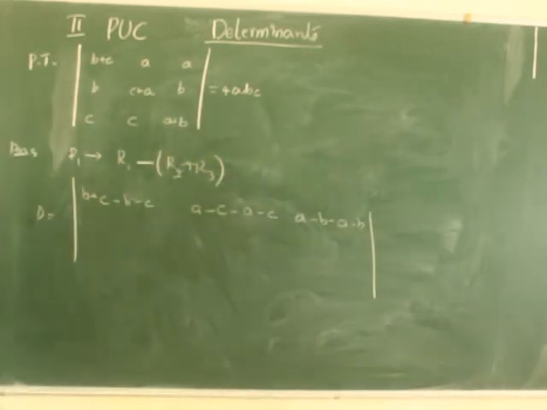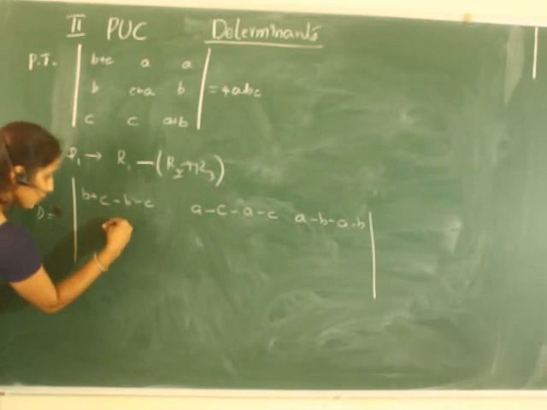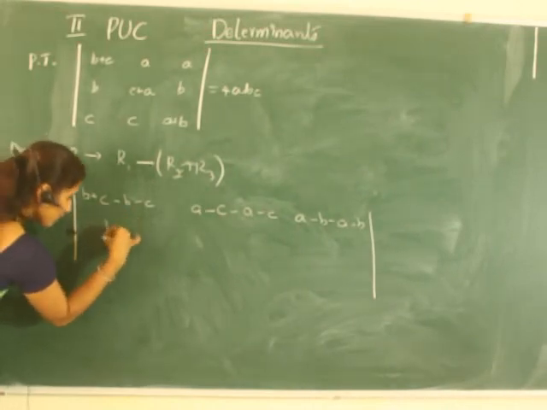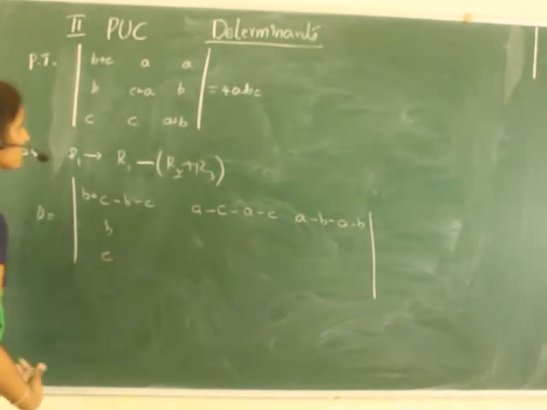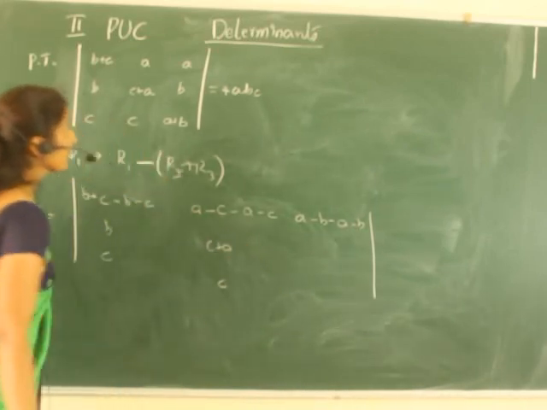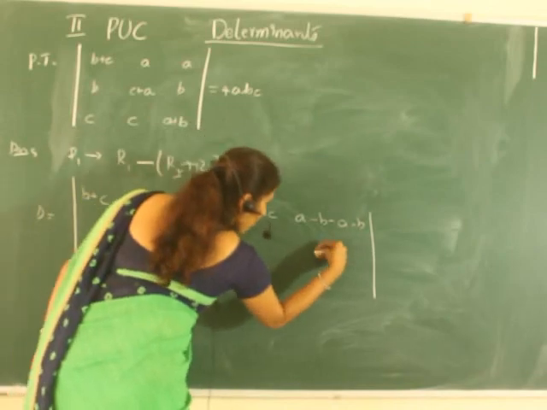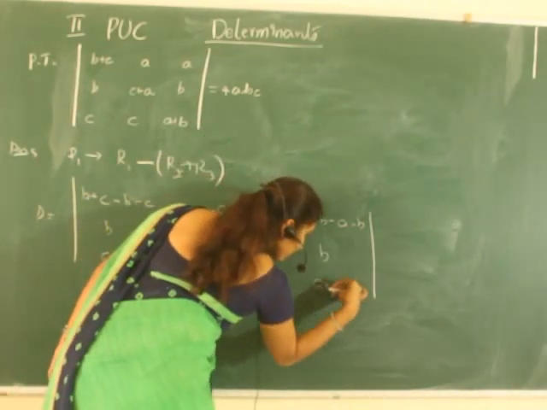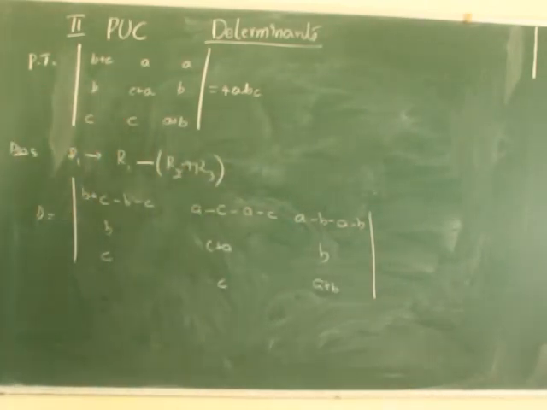The other rows remain as they are: b, c plus a, c, and c plus a, c, then b, a plus b, b, and a plus b, with the other rows as they are.